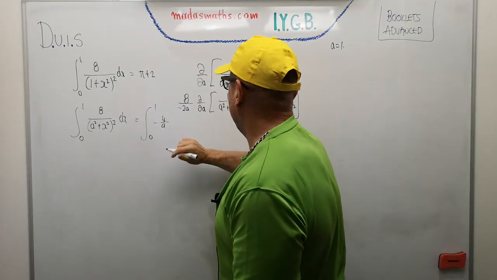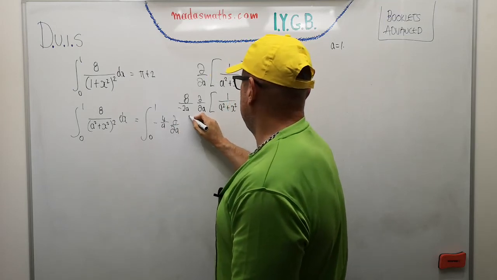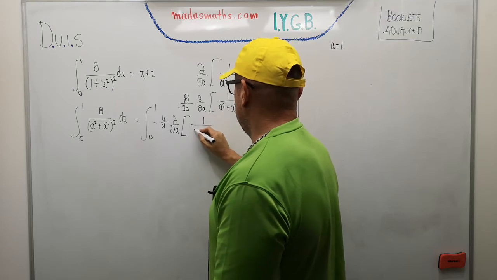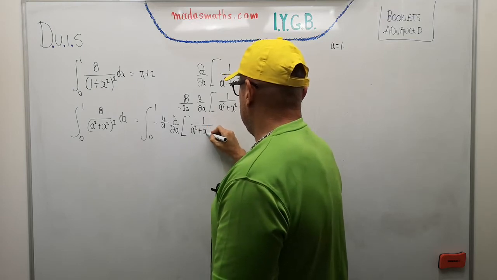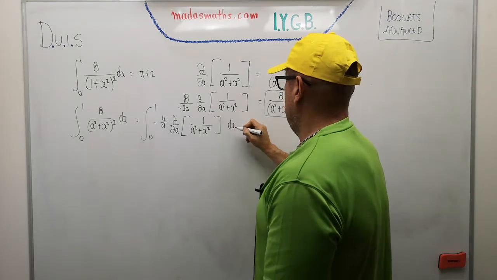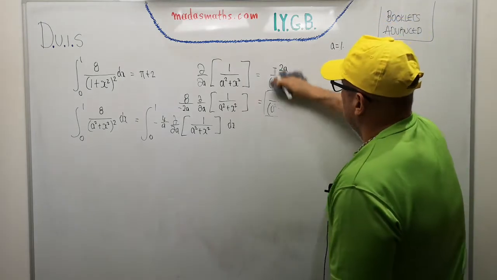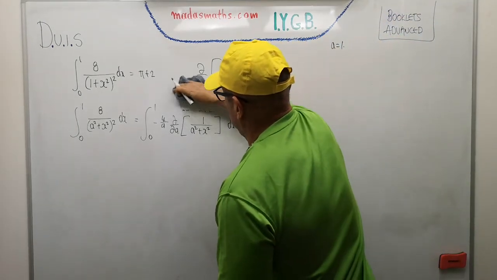So that's an a, and that is d by dA of 1 over a squared plus x squared, and of course I have the dx. I hope I've copied everything that I need to copy before I rub anything off. Hopefully no mistakes in there.